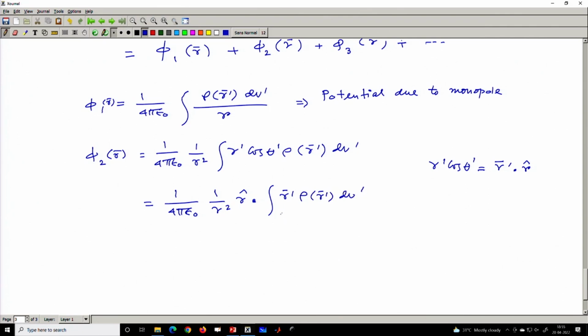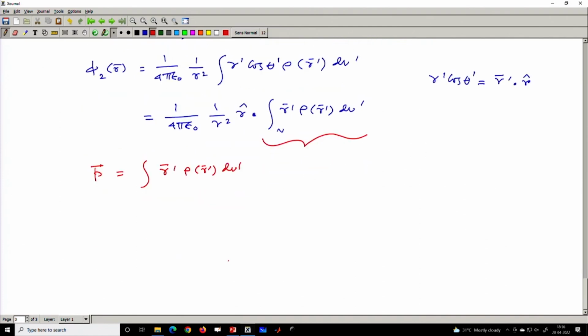Now, this is a known term again, and when we discuss the dipole moment, then we mention that the dipole moment is essentially integration r prime rho(r prime) dv prime. So, this is nothing but the dipole moment. So, this is the dipole moment.